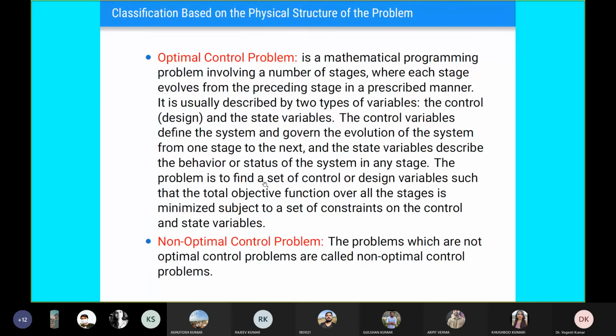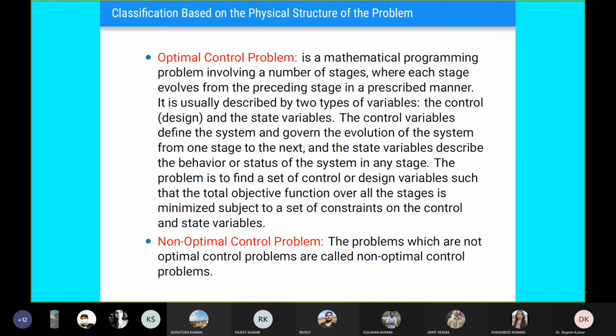The problem is to find a set of control or design variables such that the total objective function over all the states is minimized, subject to a set of constraints on the control or state variables.